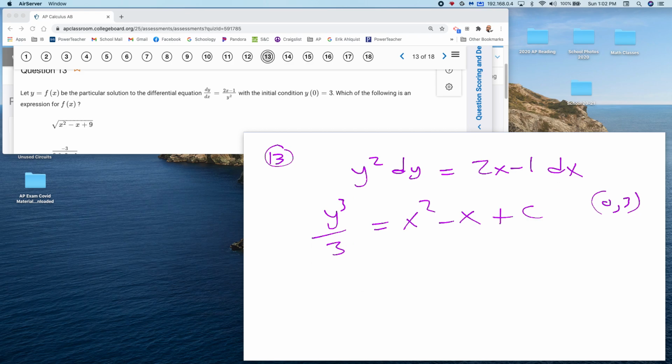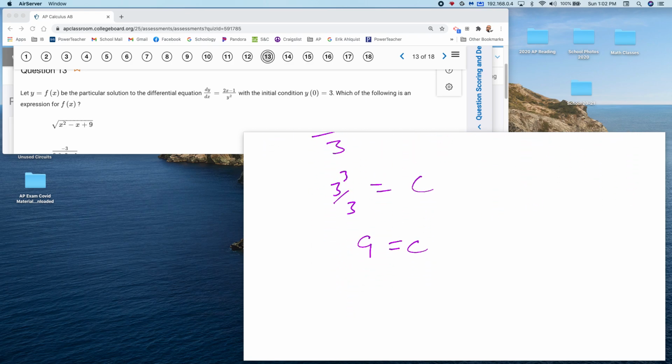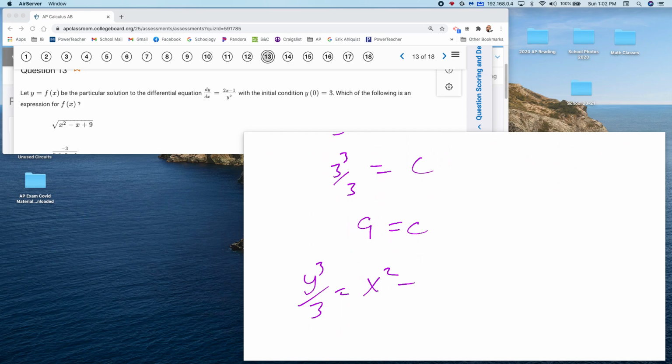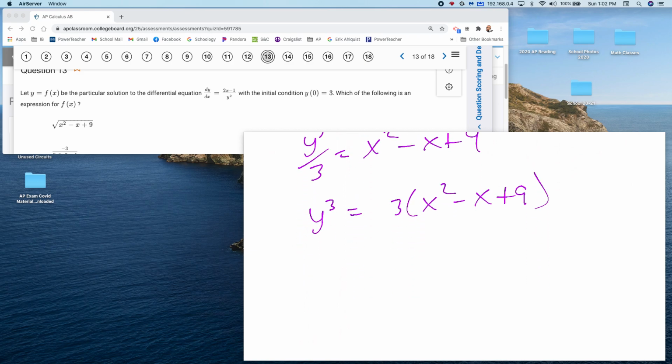So I get 3 cubed over 3 is equal to c. So c is equal to 9. So if c is equal to 9, I got y cubed over 3 is equal to x squared minus x plus 9. I multiply both sides by 3. I take the cube root.